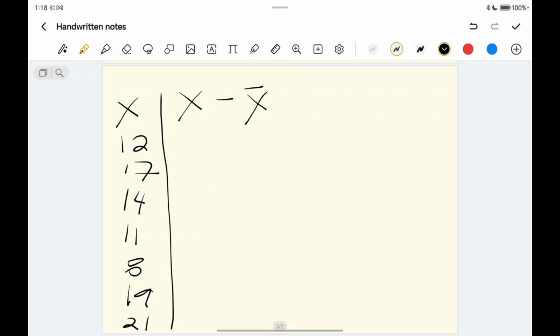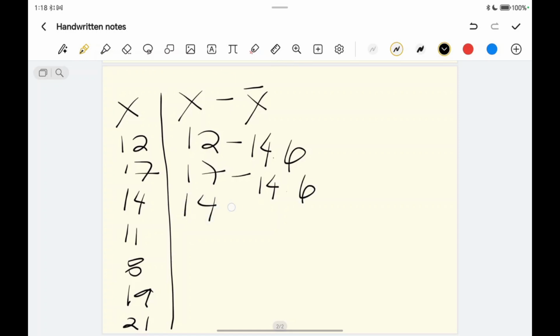Since there is 12, we have to subtract 12 with our mean, which is 14.6. The same with 17, subtracted with 14.6. 14 subtracted with 14.6. 11 subtracted with the same 14.6. 8 subtracted with the same 14.6. 19 subtracted with 14.6.